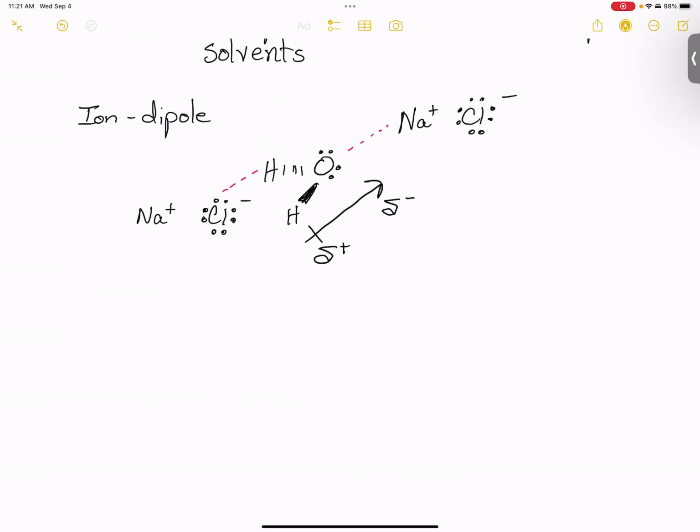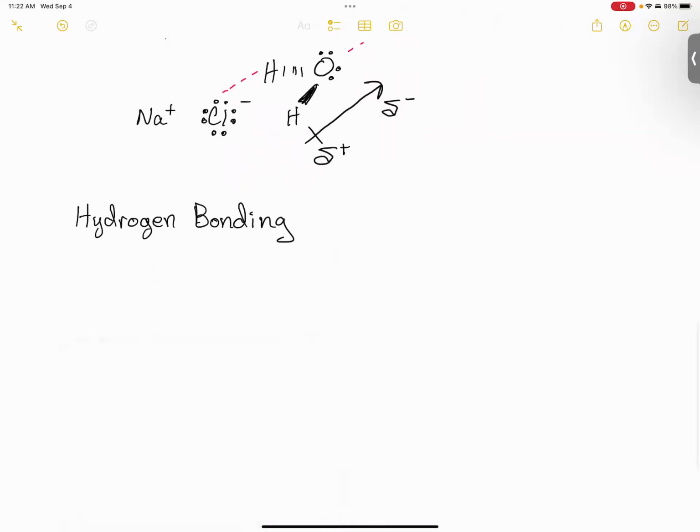We can also have hydrogen bonding between the solute and the solvent. An example, let's use water again, because water is considered a universal solvent because it does dissolve so many things.